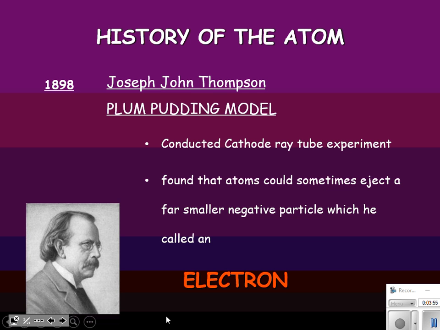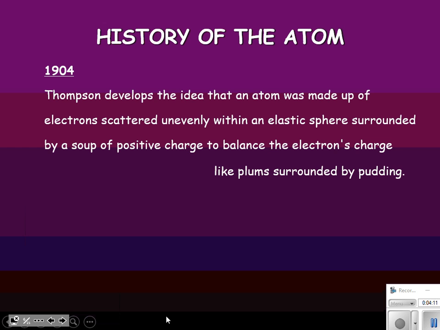He found that atoms sometimes ejected a small negative particle that he named the electron. The plum pudding model came about because he said that the electrons were scattered around positive charges, like plums surrounded in pudding.